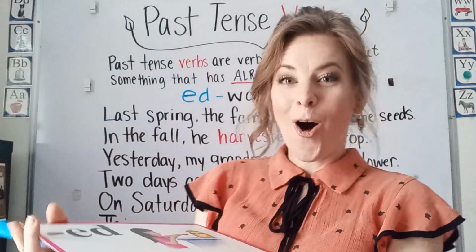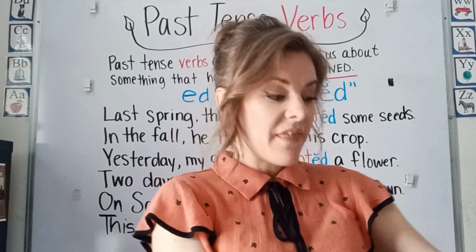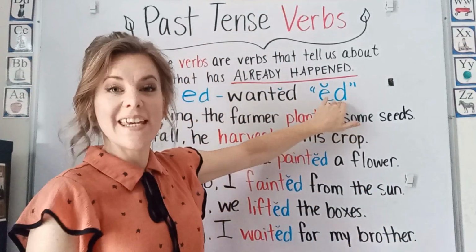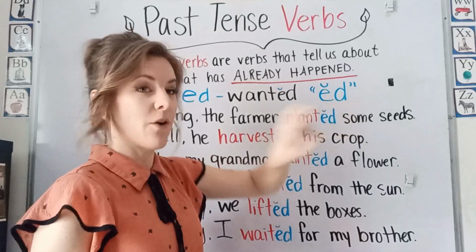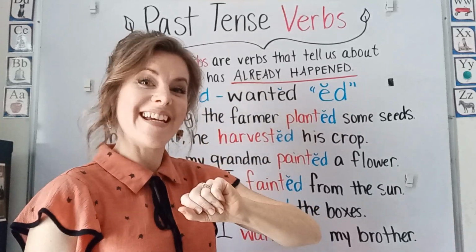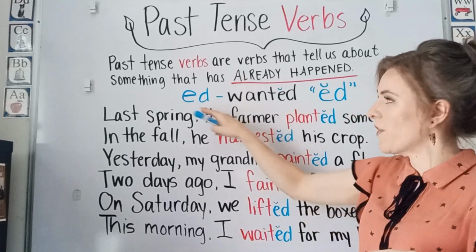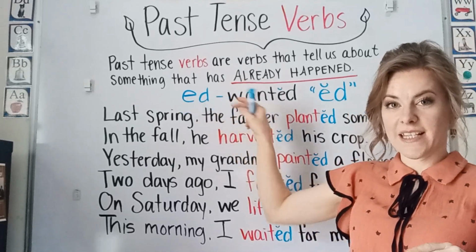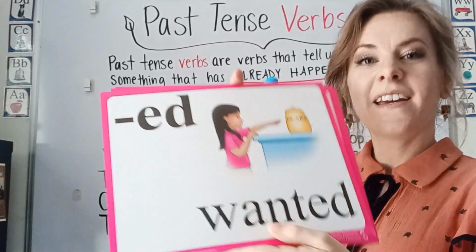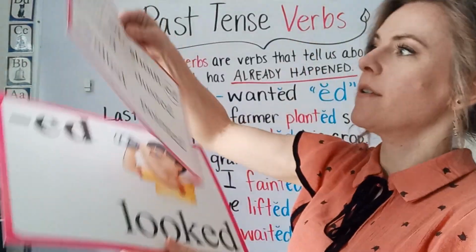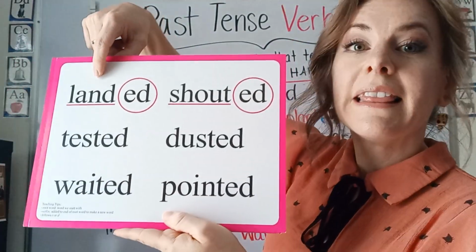But not all verbs that have the ed at the end make this sound, okay? There are three sounds that the ed makes. But with this one, we have gone over the ed in wantED. It's a short e with a d sound. Now here are some more examples, okay?